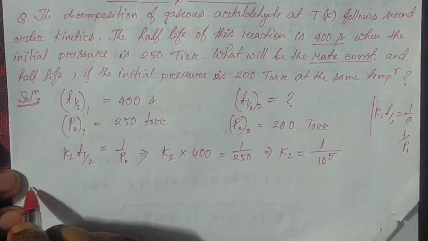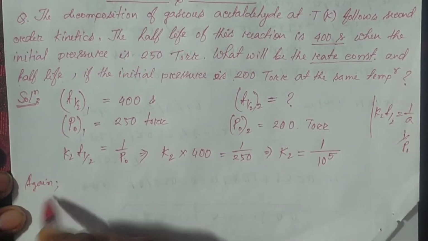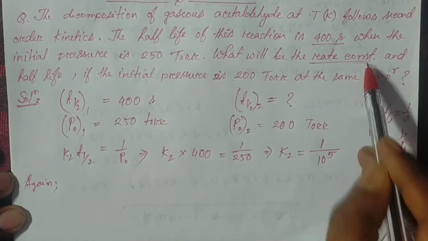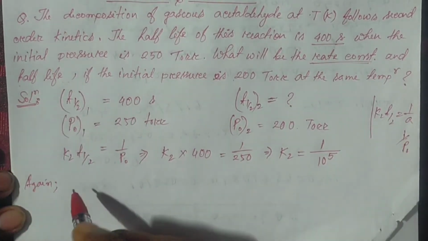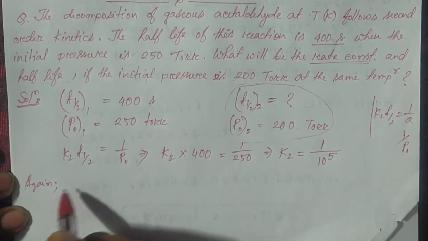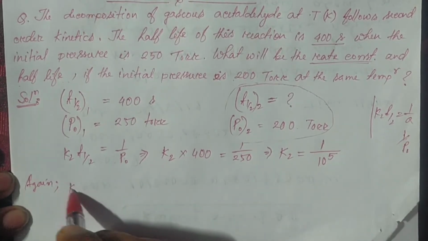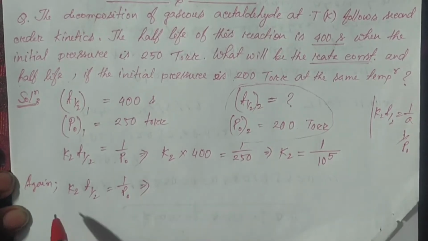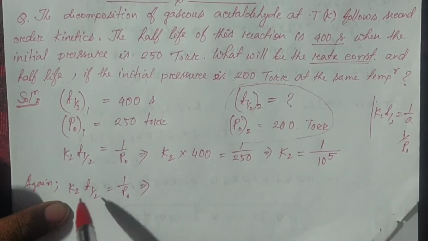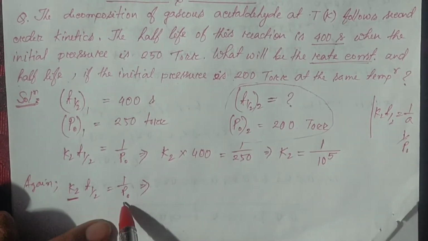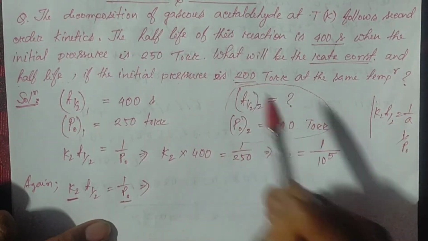Now as we have evaluated the rate constant, next I will evaluate half-life. For the second case, we can write the same equation, k2 t half is equal to 1 by p naught. Here we know k2, and we know p naught, the initial pressure is given.